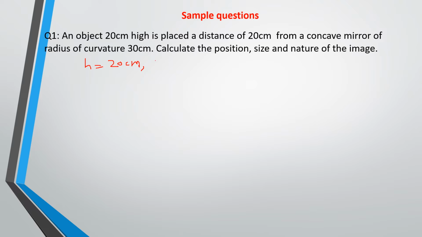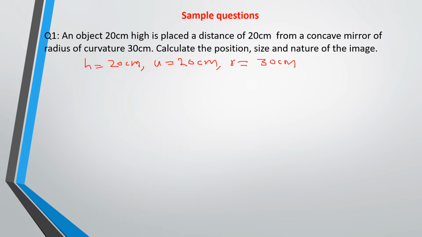Then the object distance u is given to us to be 20 centimeters again. Radius of curvature is given to us to be 30 centimeters.